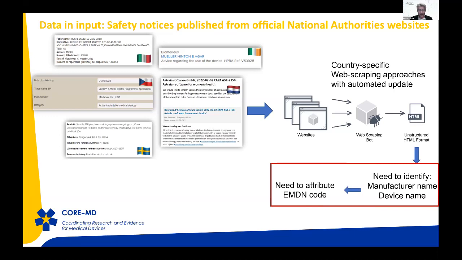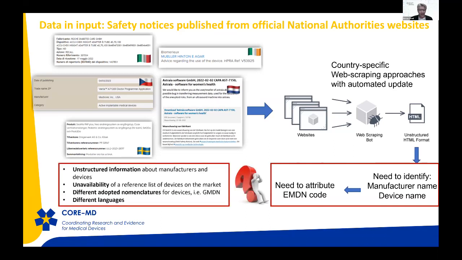However, to allow searching the database for specific devices or category of devices, we need to identify within this text the manufacturer and the device names, as well as the most proper associated EMDN code. And you can imagine this process is not straightforward due to unstructured information, the lack of a reference list of devices on each market, different nomenclatures, and different languages, sometimes even different alphabets.